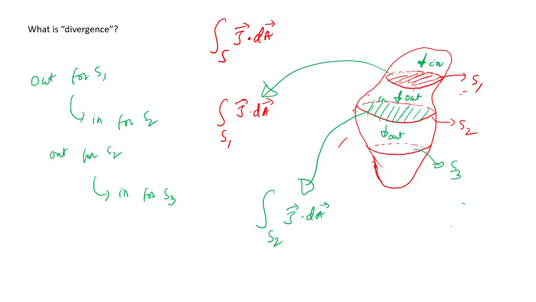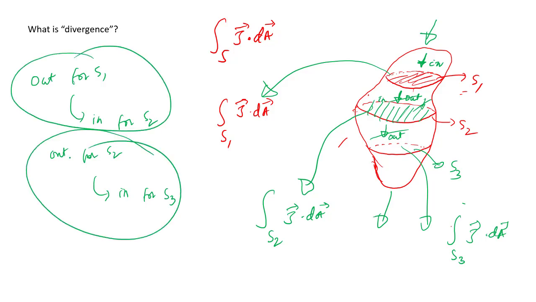So if I add up all these integrals of J dot dA over each surface, S1, S2, S3, all these intermediate terms cancel out, because whatever is out for S1 is in for S2. They keep canceling out, and what I get is essentially what is entering at the top and what is exiting at the bottom. Whatever is in the middle gets canceled out. So I can write over the entire surface S, that is this red line here.